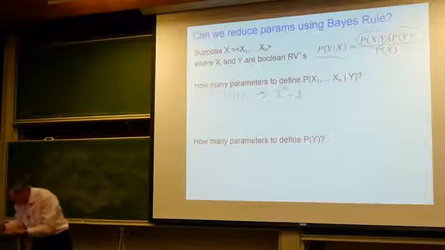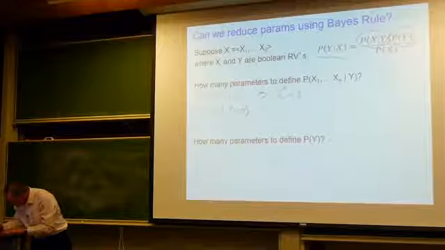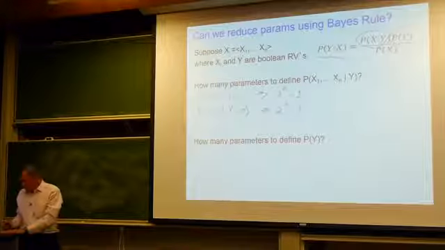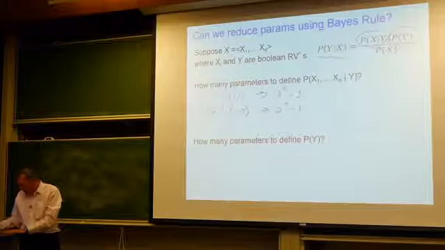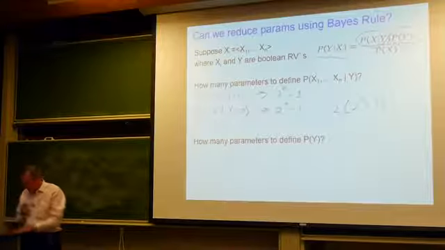Okay, and similarly, when we want to estimate P of x given y equals 0, then also that'll take 2 to the n minus 1. And so we're actually going to need twice that, right?